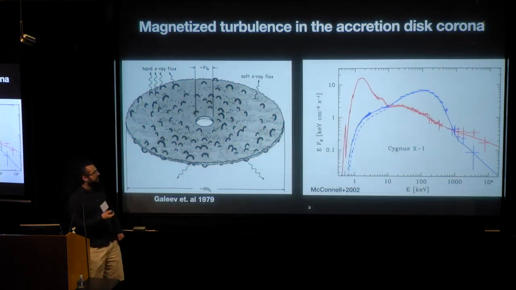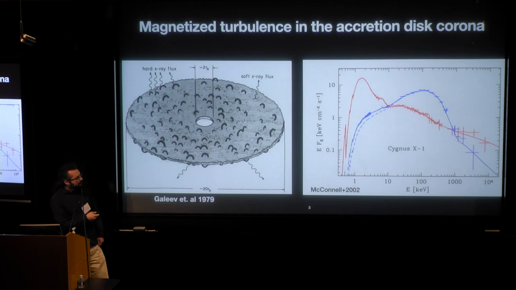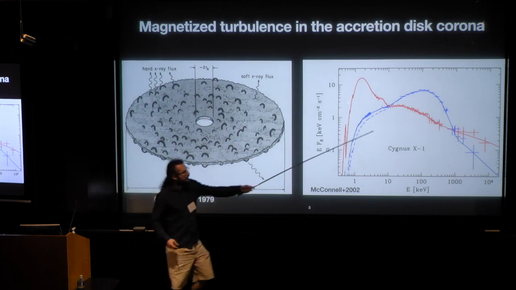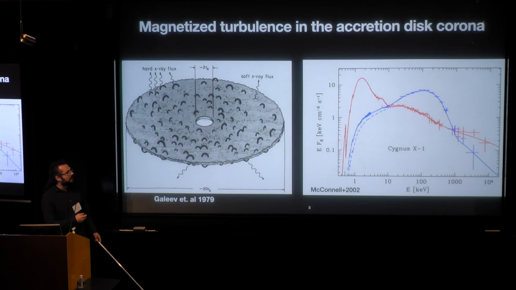So we have an X-ray binary, for example, Cygnus X-1, and in the observed spectra, we see this feature that is called a power law tail on the right in the highest energies, and this is believed to be the consequence of some magnetized plasma turbulence that happens in the corona of the disk.